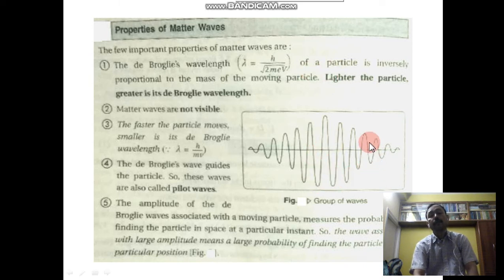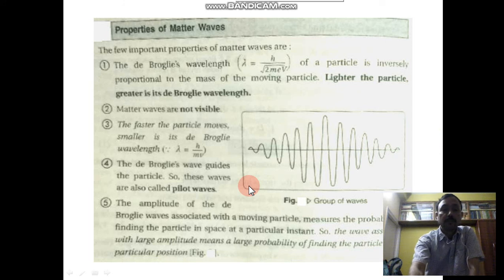This is the figure. This is a group of waves. So these are the properties of matter waves.